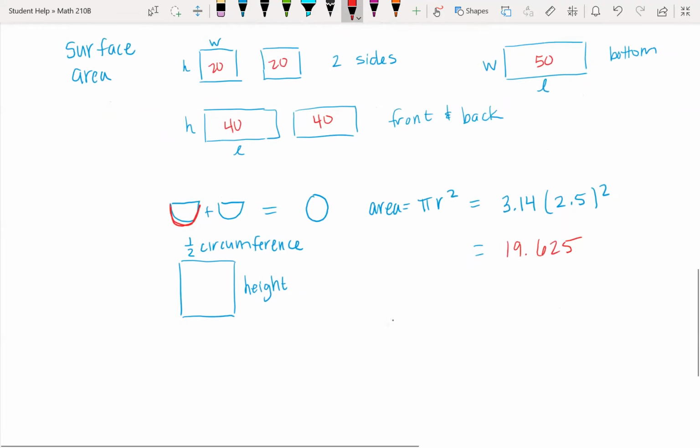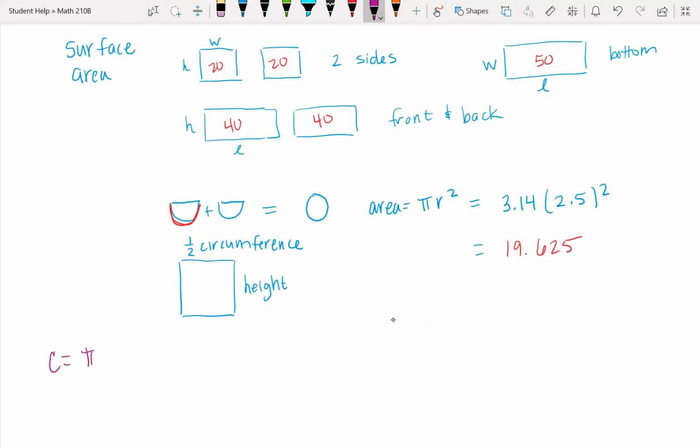And then circumference, to get all the sides, circumference is pi times diameter. So I want to do 1/2 of the circumference, which is 1/2 times 3.14, and the diameter is 5. So let's see what that is.